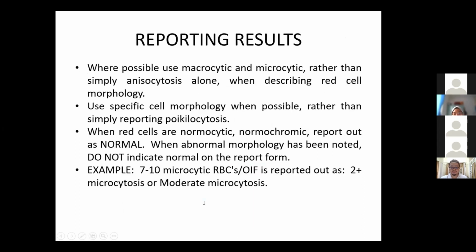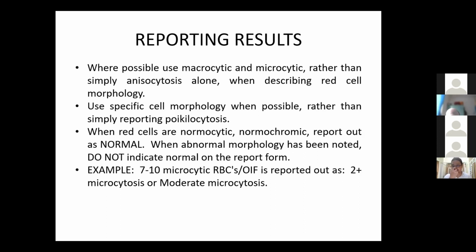Where possible, use macrocytic and microcytic rather than anisocytosis alone. Anisocytosis refers to abnormal size, so it doesn't tell you whether big or small. So it is better when we report, we write it down as macrocytic or microcytic. And this is done by you in the lab.